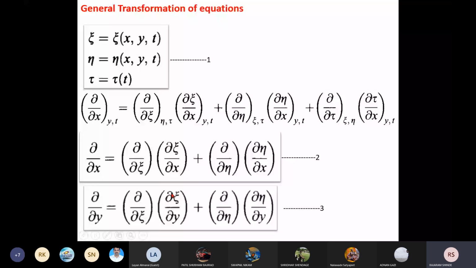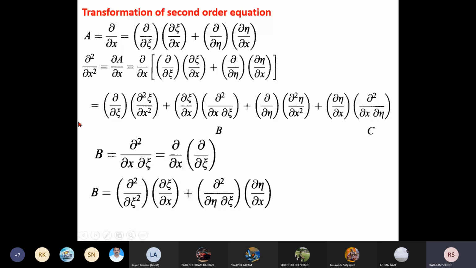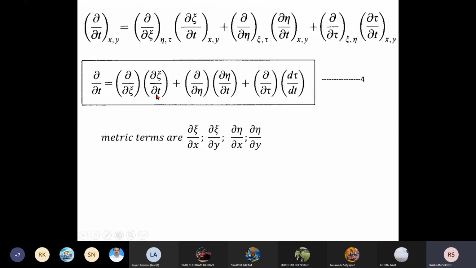The derivatives of the independent variables in the computational plane with respect to the global coordinates in the physical plane form the matrix. Now this is the transformation of the first order differential equation.